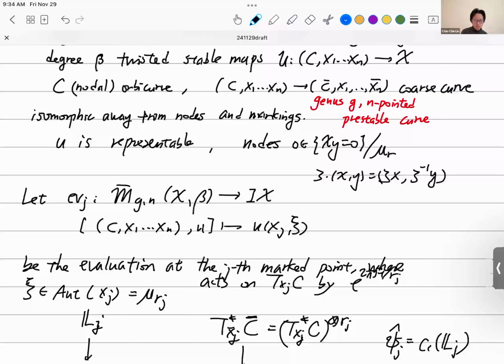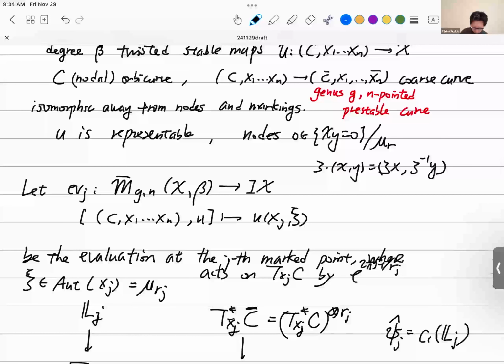But suppose that your x_j is a stacky point. So if your x_j is B mu_{r_j}, the automorphism group is a cyclic group of some order r_j. So we pick a generator such that this generator acts on the tangent line of x_j by exponential.